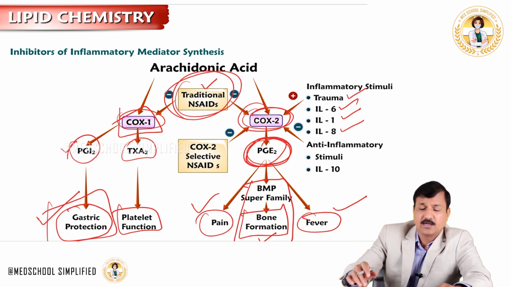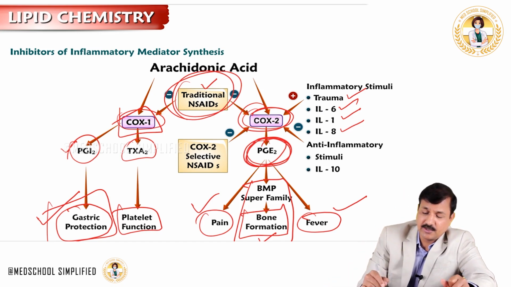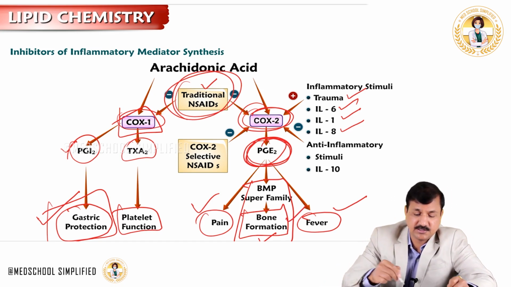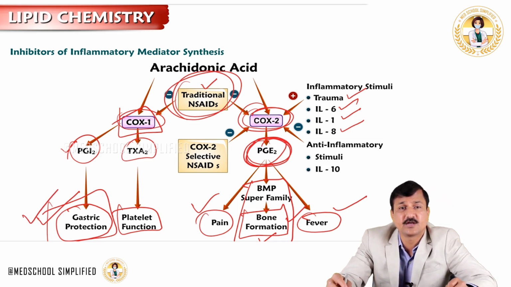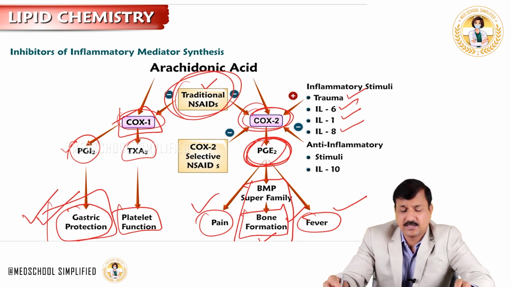So that's why traditional NSAIDs like aspirin may lead to gastric irritation, increased gastric acid secretion and decreased protection that can lead to gastric ulcers. Not only will they have an effect on bone formation, they also have a deleterious effect on the protective layer of the stomach, which will lead to gastric ulcers.